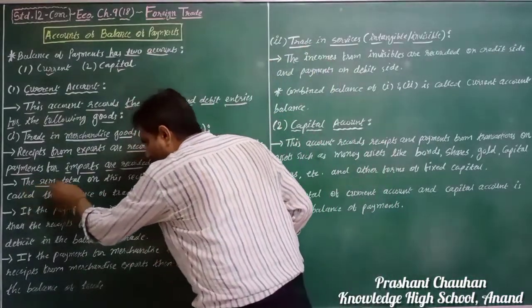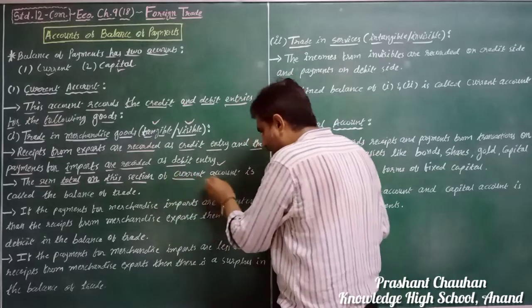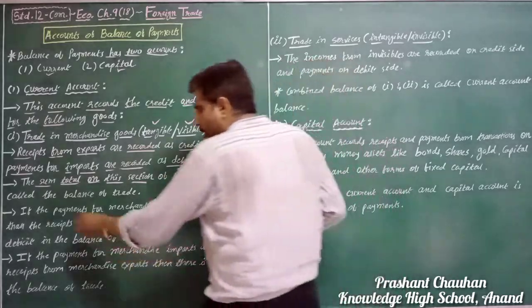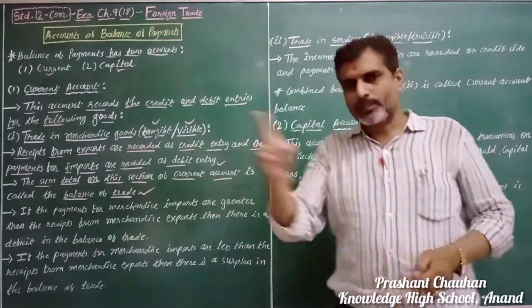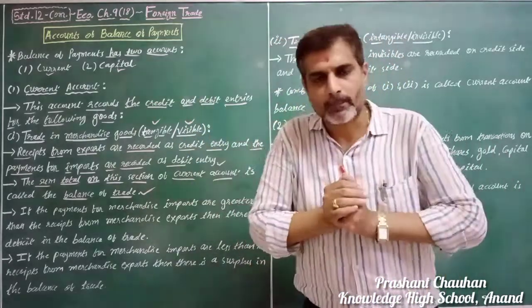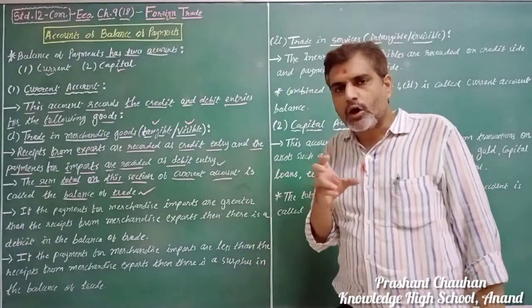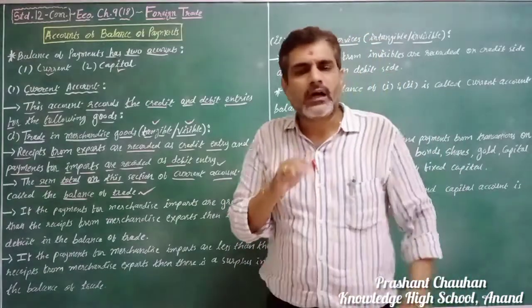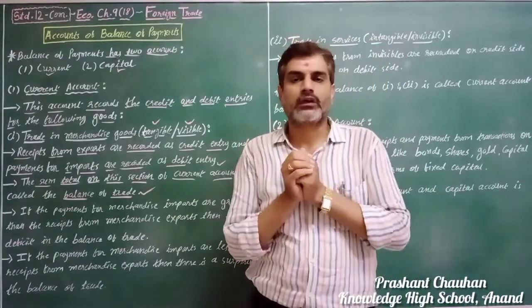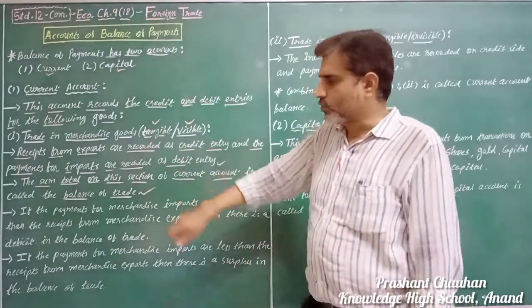So the sum total of this section, or both the things of current account, is called बैलेंस ऑफ ट्रेड. इसका पूरा एक टॉपिक इसके बाद है, बैलेंस ऑफ पेमेंट के बाद वहां देखेंगे. लेकिन अब तक इतना ध्यान रखो, दैट मींस के द टोटल ऑफ बोथ, दैट इज करंट अकाउंट, दैट इज कॉल्ड द पर्टिकुलर करंट अकाउंट्स टोटल रिलेटेड टू द रिसीट्स, पेमेंट of the import and export, that is called balance of trade.